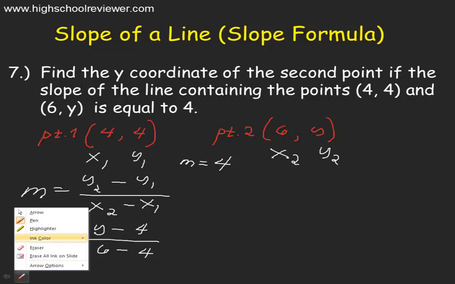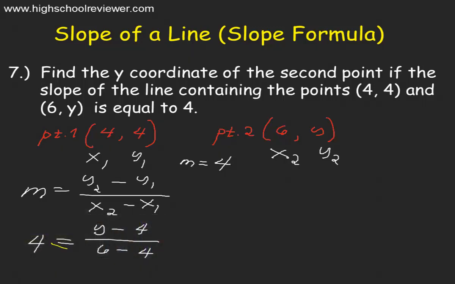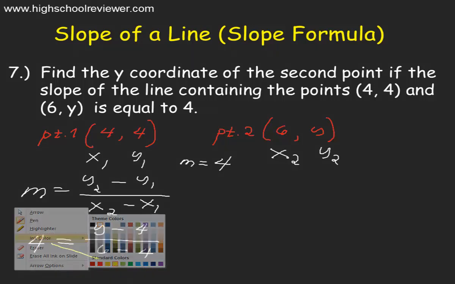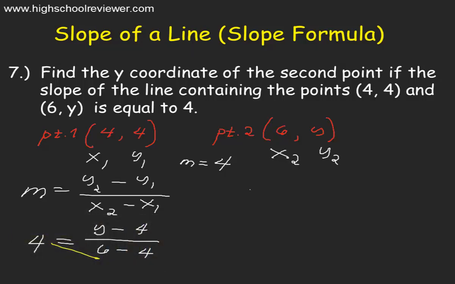And then by cross multiplication, we can multiply 4 and the quantity 6 minus 4. So this will be 4 multiplied by 6 minus 4 equals y minus 4. So this will be 4 times 2 equals y minus 4.